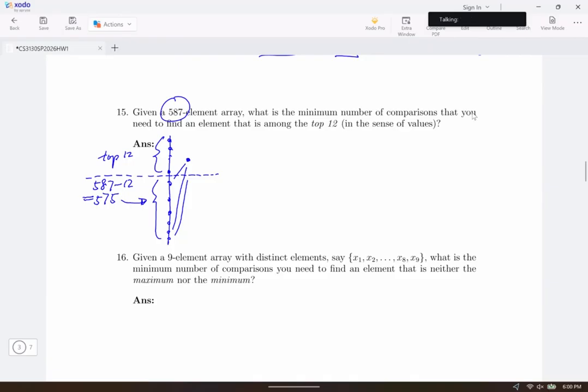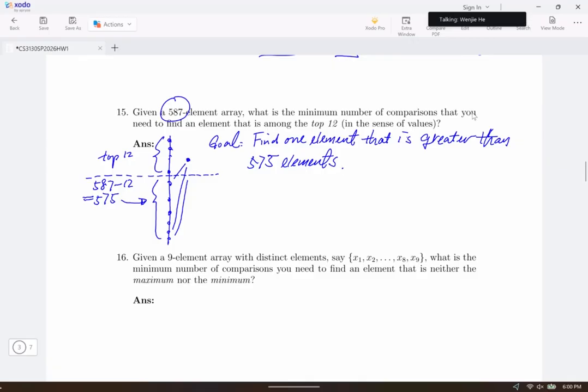So now our new goal becomes: find one element, just one, that is greater than 575 elements. That's the new goal.